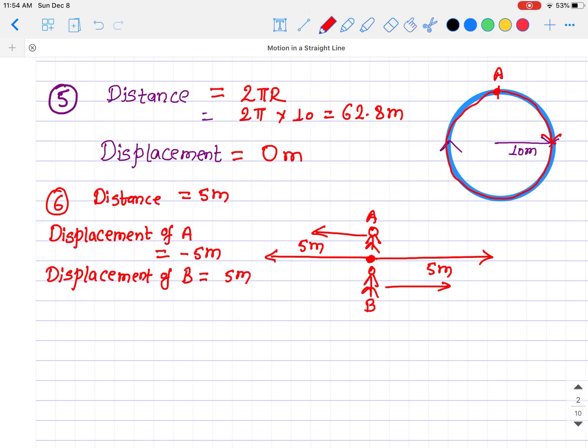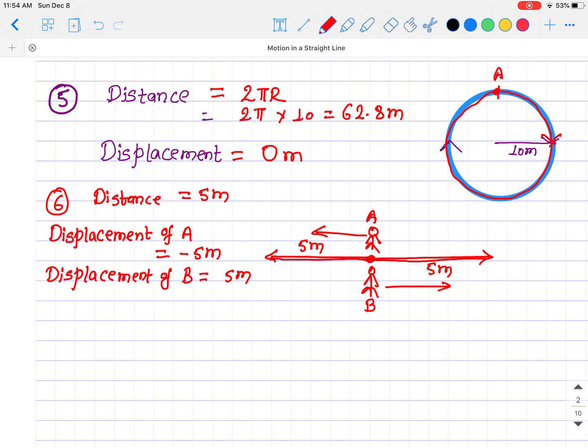But the distance for both is exactly the same, 5 meter. And the reason is because displacement has direction. We can call this direction the positive direction, then we have to call the opposite direction the negative direction. So as you see now, the distance is always greater than or equal to the displacement.